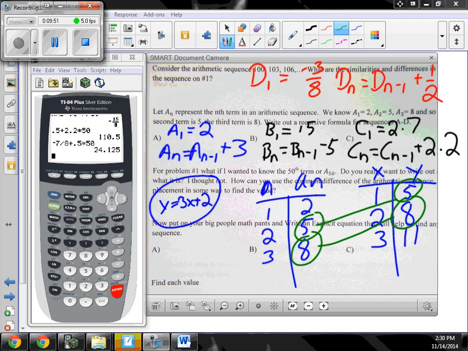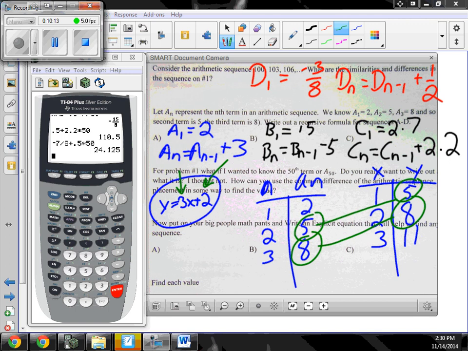Right. So in our slope-intercept form, this is my slope, my change per year, which is correct. And this number is the y-intercept, which is equivalent to a sub 0.